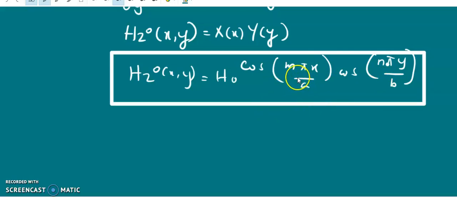When both are equal to 0, this Hz0 is equal to H0 into cos 0 into cos 0. So that is H0 into 1 into 1, H0 itself. So Hz0 is a constant when both m and n are zeros. But when Hz0 is a constant, all the field components which depend on the partial derivatives of Hz0 will be zeros.